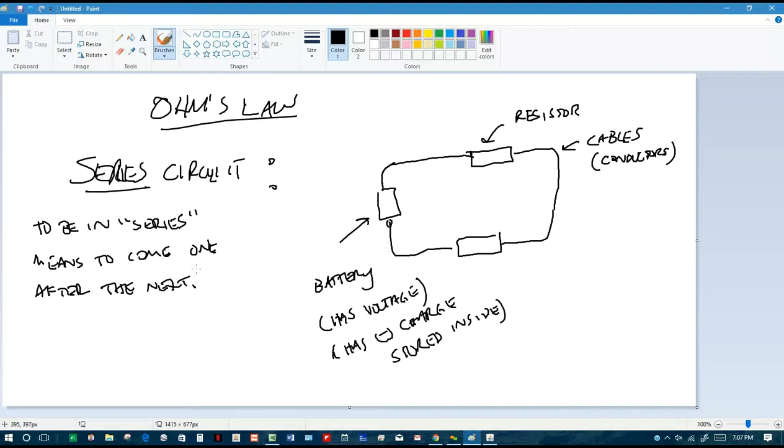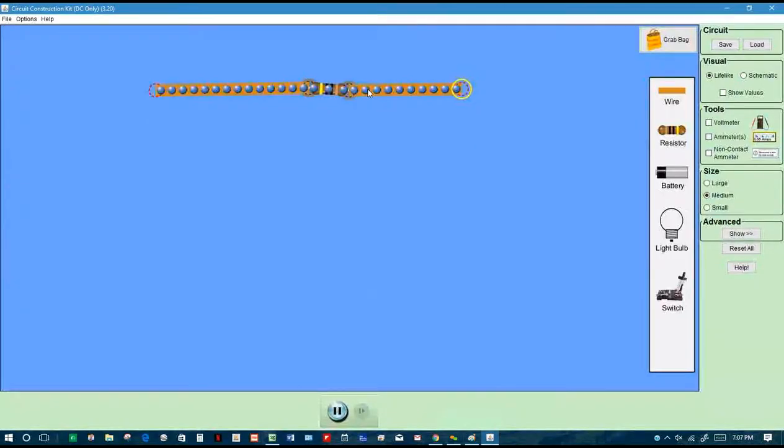And so these are considered a series circuit because if you were electricity, you would go through this resistor, and then you would have no choice but to eventually be forced through the next resistor, and you would just keep on going, right? One after the next. That's why they call it a series. Does that make sense? Yeah. All right. So let's go back to the simulation now. And I'll build that.